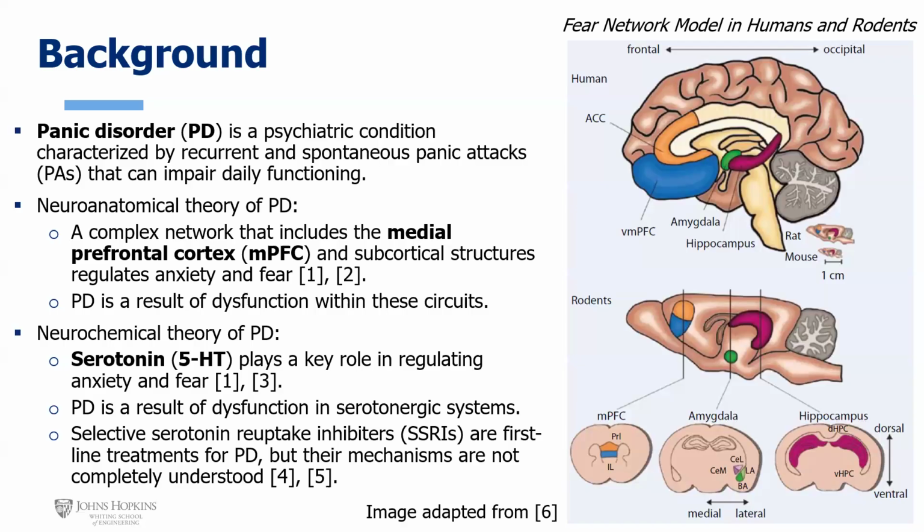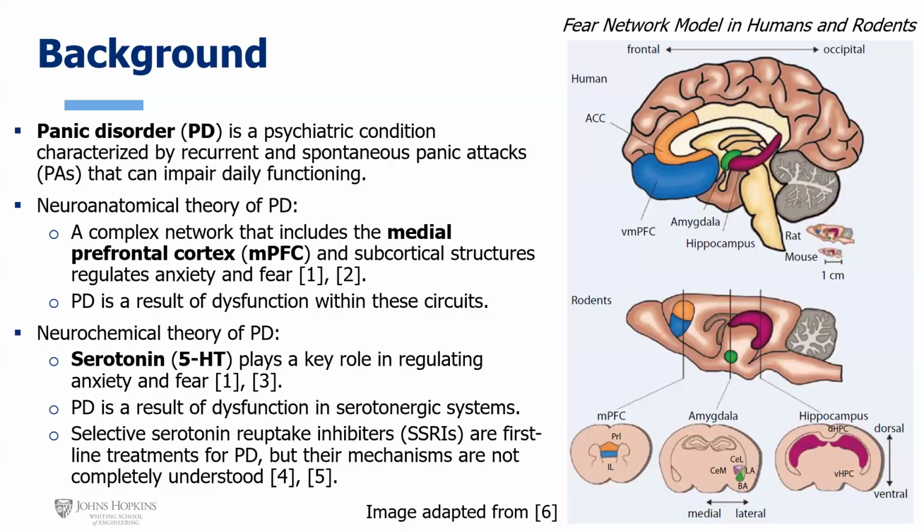Prior to their paper, it was known that monoamines that include serotonin, norepinephrine, and dopamine contributed to anxiety and depression. But this theory focuses on the serotonergic aspect. We know serotonin plays a major role because selective serotonin reuptake inhibitors are the first line treatments of panic disorder, but it's not quite clear how they work.